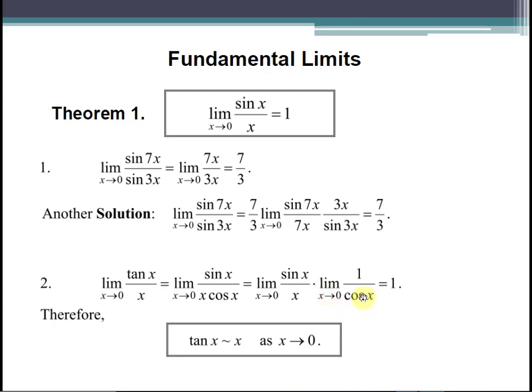And the next one, limit as x tends to 0 of 1 over cosine x. When x tends to 0, it tends to 1 because the denominator tends to 1, and 1 over 1 is 1. So the answer is 1 times 1, it is just 1. Therefore we can say tangent x is equivalent with x as x tends to 0. And we denote equivalency by this symbol.